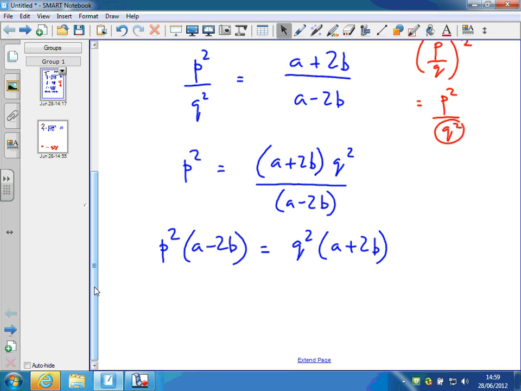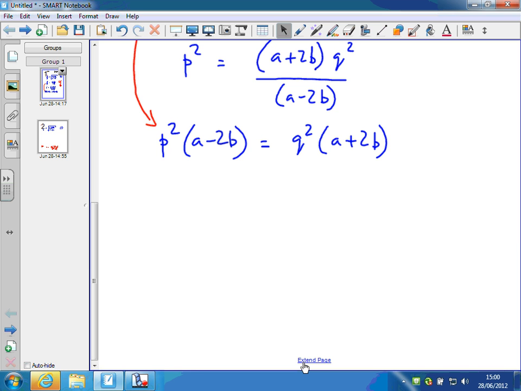And of course, with practice, you can go straight from there to there, because effectively Q squared underneath on the left hand side goes to the top on the right, and A minus 2B on the right hand side goes to the top on the left. So you can do that, but beware about making that step, because it doesn't always work.